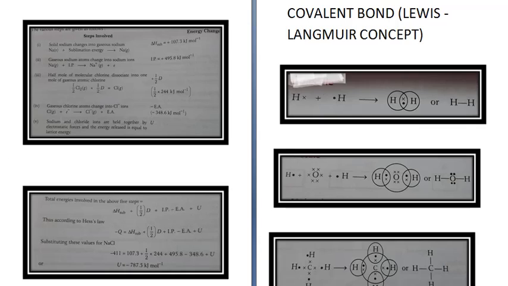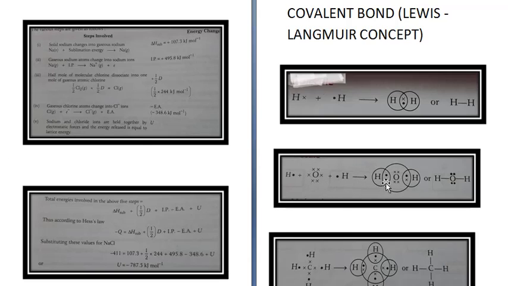Like in case of hydrogen, when two atoms of hydrogen share their electron, they form H2. See here. Then next is H2O, water. Hydrogen has one electron, so two atoms of hydrogen, and 6 electrons in the oxygen, so they share.